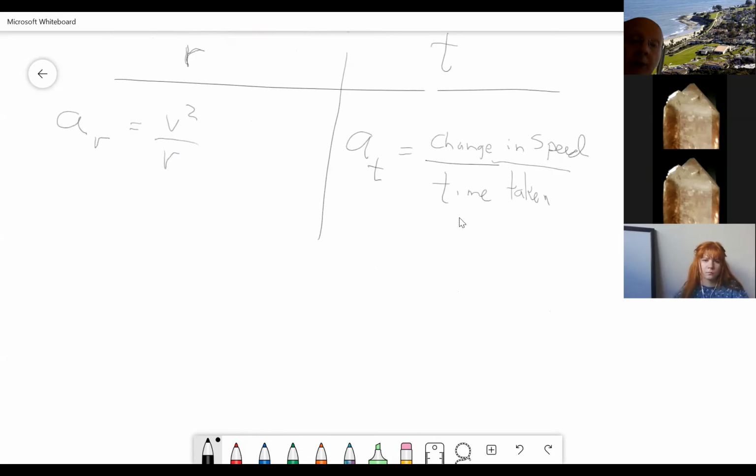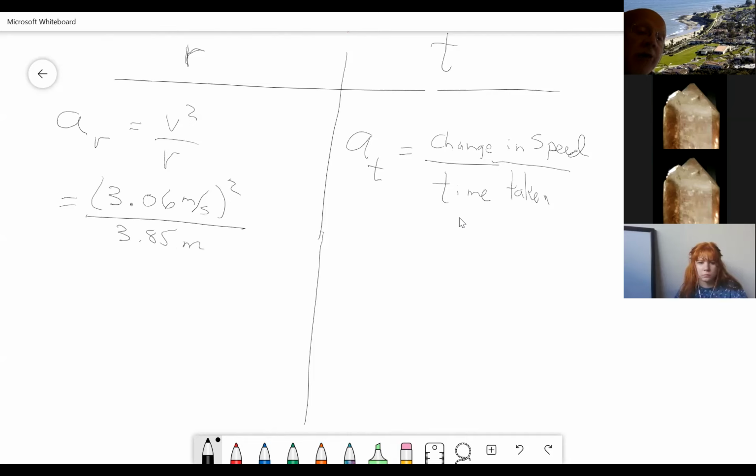Watch, I'll continue on with this calculation. So the problem said that its speed was 3.06 meters per second. Its radius was 3.85. So the first calculation I would do would be this: 3.06 meters per second squared, and the radius is 3.85 meters.